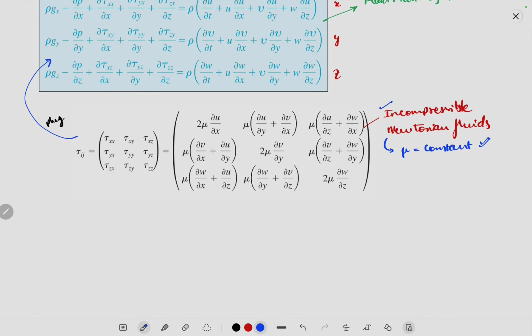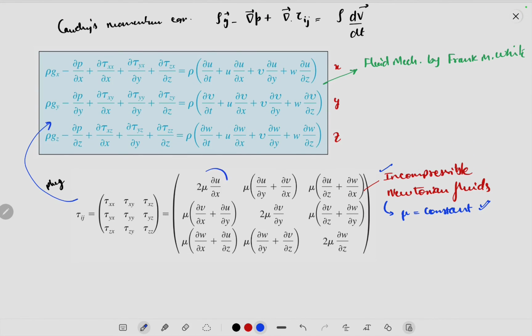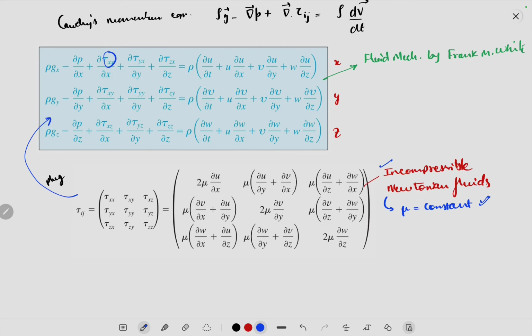So if you put, let's say, tau xx in here, and it has a partial derivative del by del x sitting outside, and since mu is constant, we'll have mu outside of this differentiation. Please keep this in mind while plugging this into this equation.